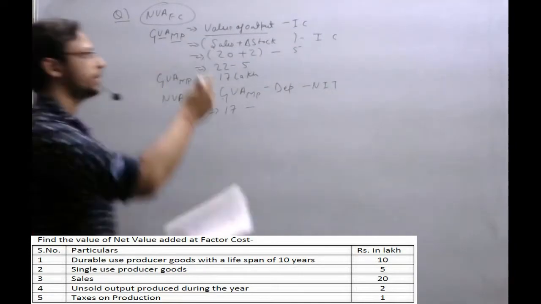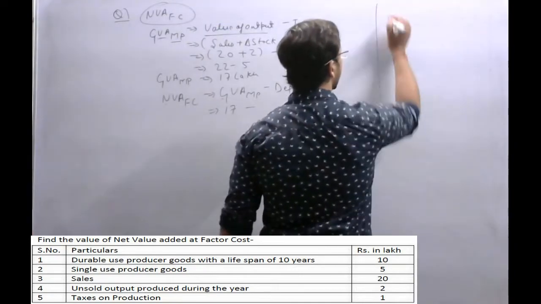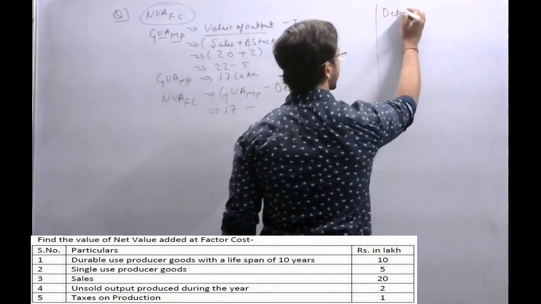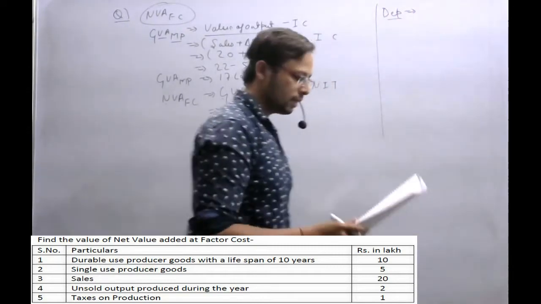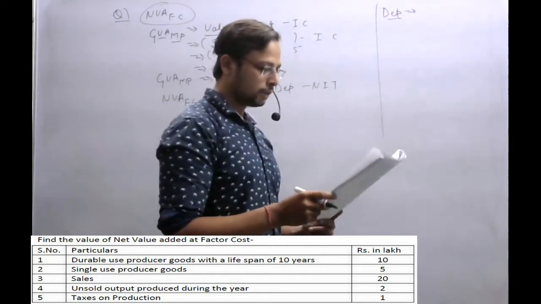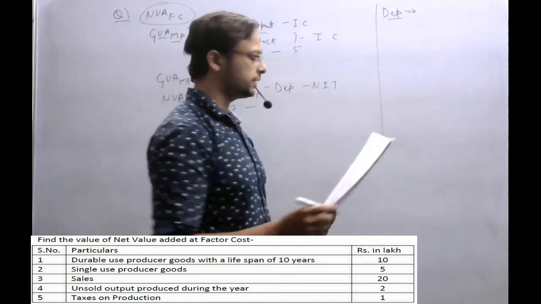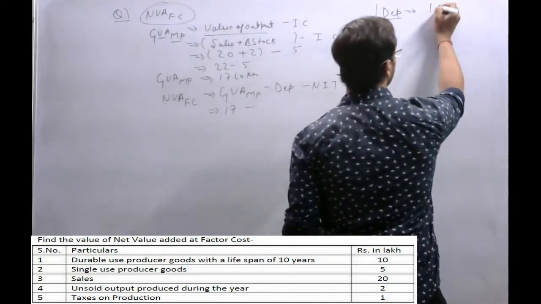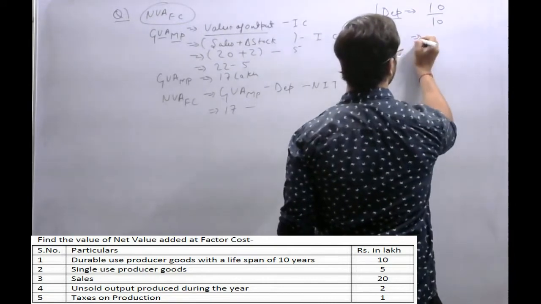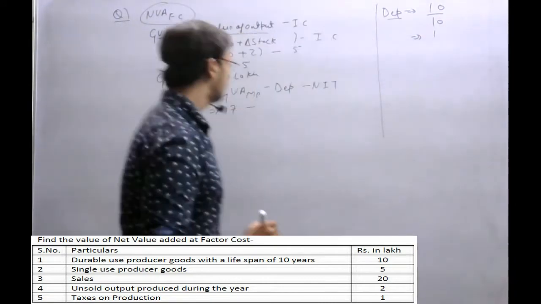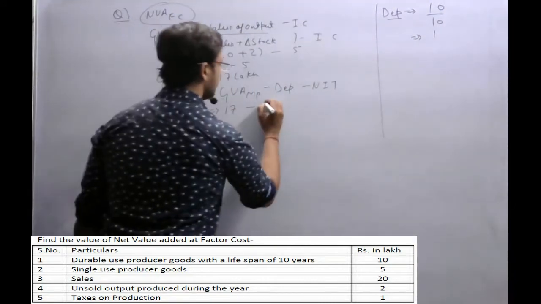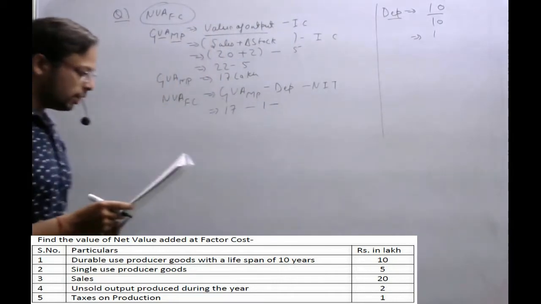So GVA at MP is 17 lakh minus the value of depreciation. I will calculate it here in rough work. Depreciation is equal to the value of durable user producer goods, 10 lakh, divided by the number of years, 10, so the depreciation will be 1. So it is minus 1, minus the value of NIT.